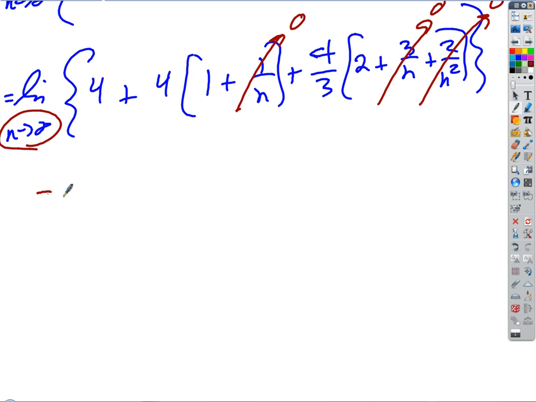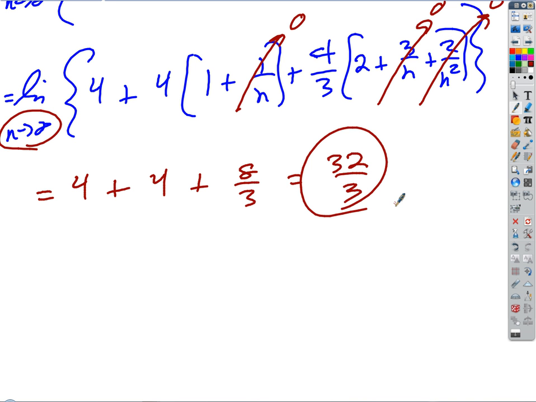We're left with the answer 4 plus 8/3. So 8 plus 8/3, so is that 32/3? That's the exact answer under that curve. The exact area. So that's what you get to do next.